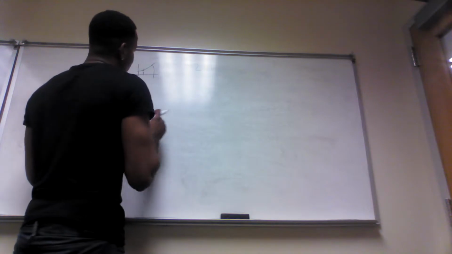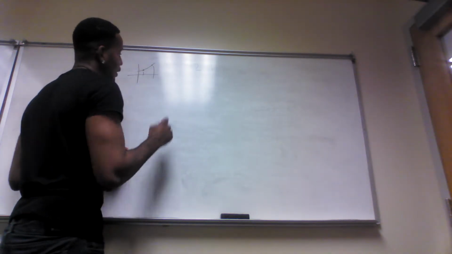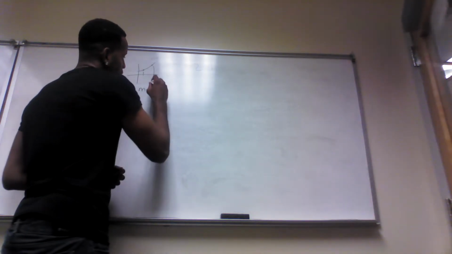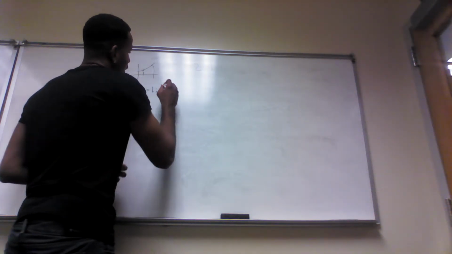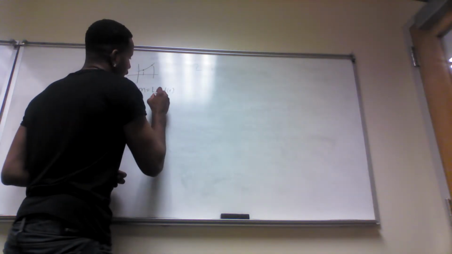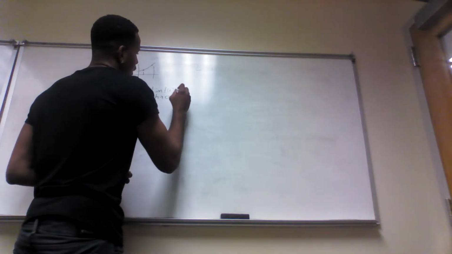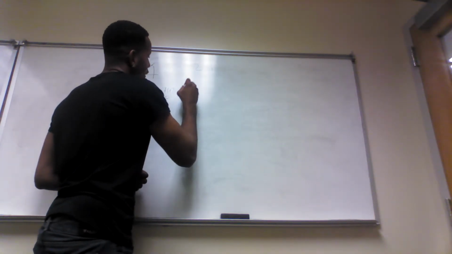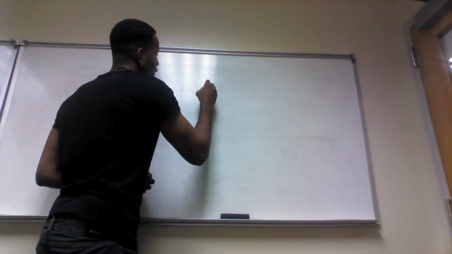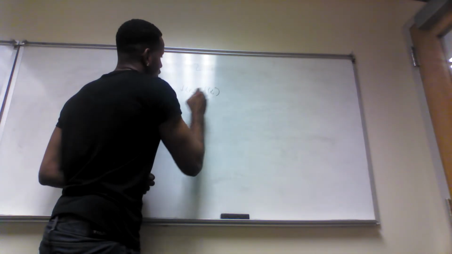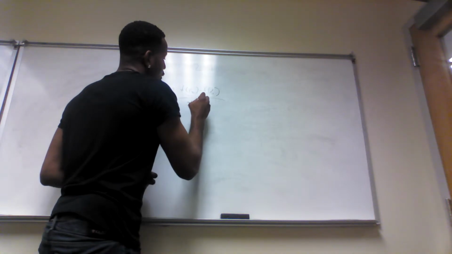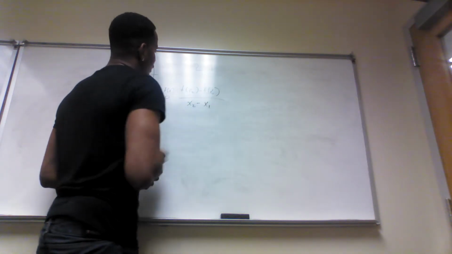And to find the slope of the secant line, you're first going to use the formula m equals the limit of f of x as h approaches 0, and you're going to have f of x2 minus f of x1 all over x2 minus x1.